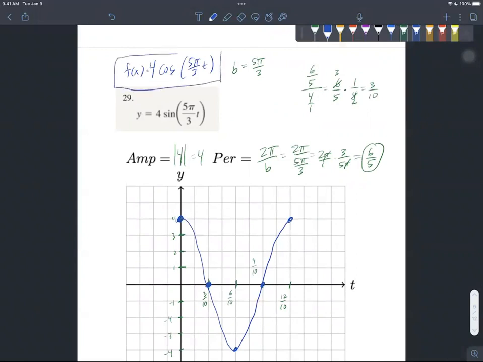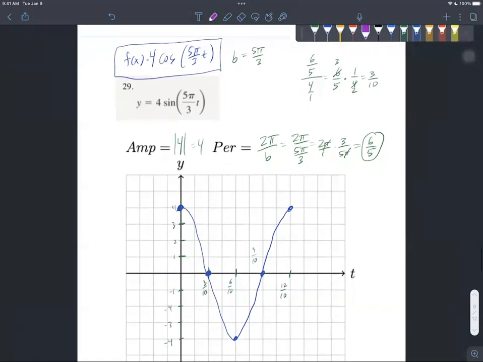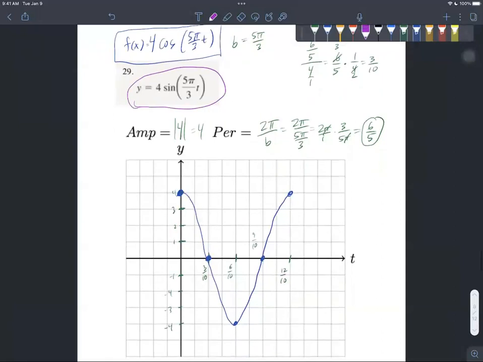Now sine is different. When I was choosing these problems, I wanted to choose one sine and one cosine, so a lot of the work is very similar. It's almost the same, except since we're graphing sine here, I'll circle this in purple, and I'll graph it in purple. The increments in the horizontal direction are still the same. The amplitude is still 4.